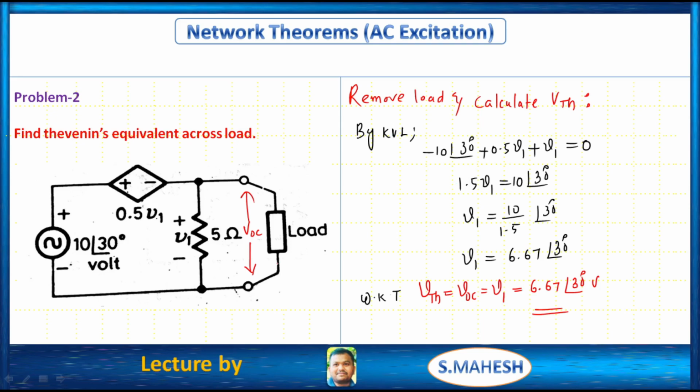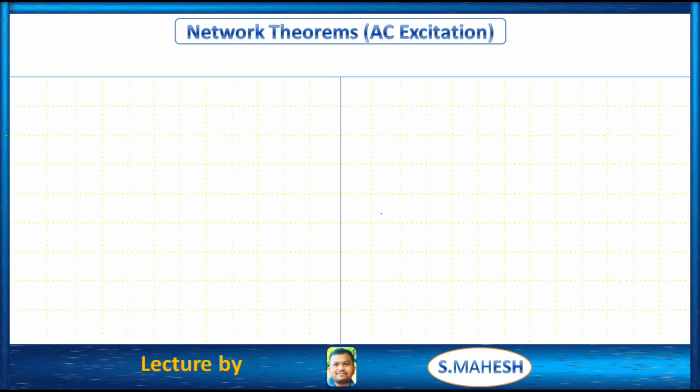Next, we have to get the value of ZTH. To get ZTH, the voltage source is shorted. We are having the circuit.